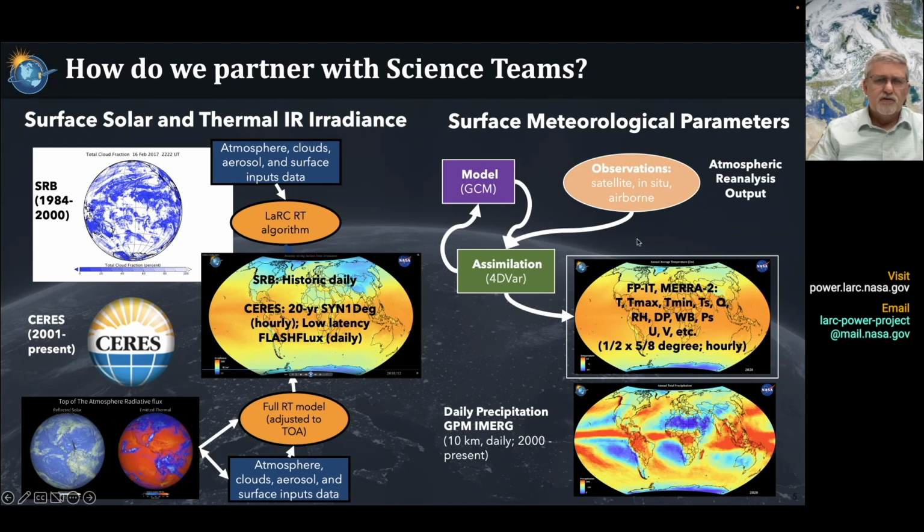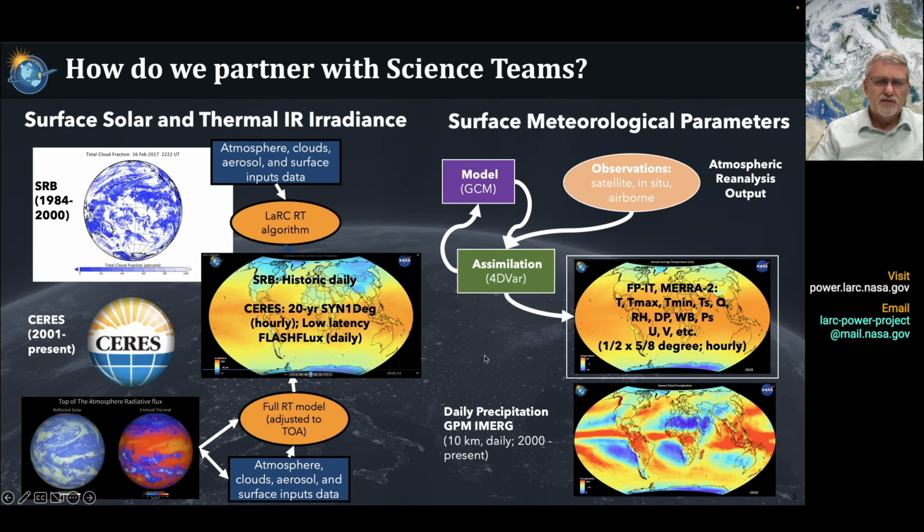So definitely satellite information is available and utilized in all those surface temperatures, humidities, and winds that we provide, but those are all output fields from this model. We've also added a new precipitation data set called the IMERG data product.